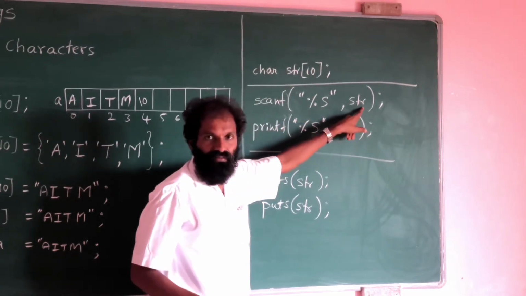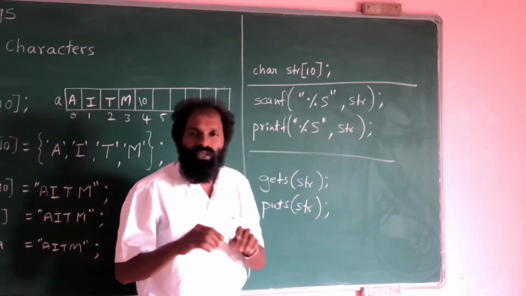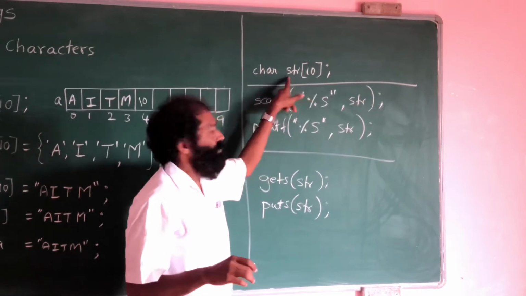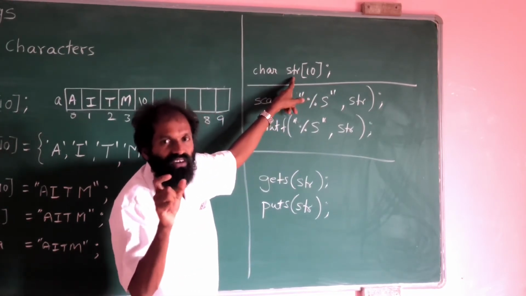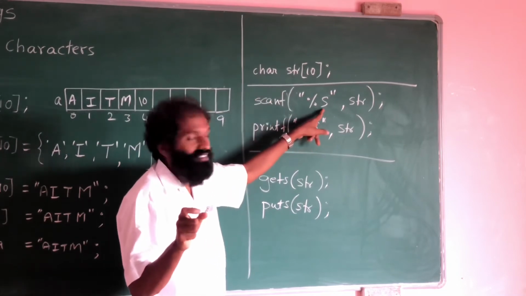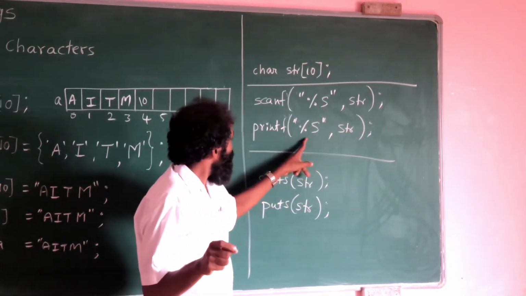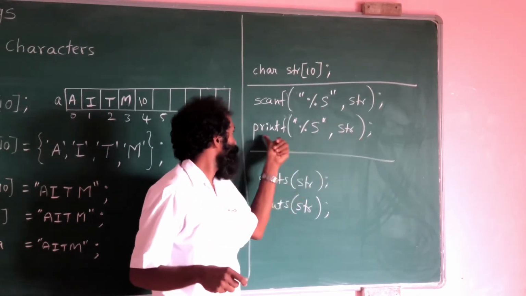Whatever string you type will be stored in this array, but that should be a single word. Here, whatever you stored will be printed on screen with printf.